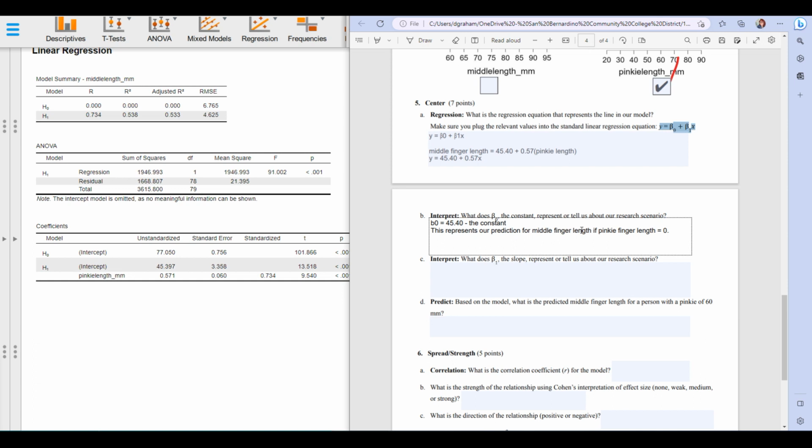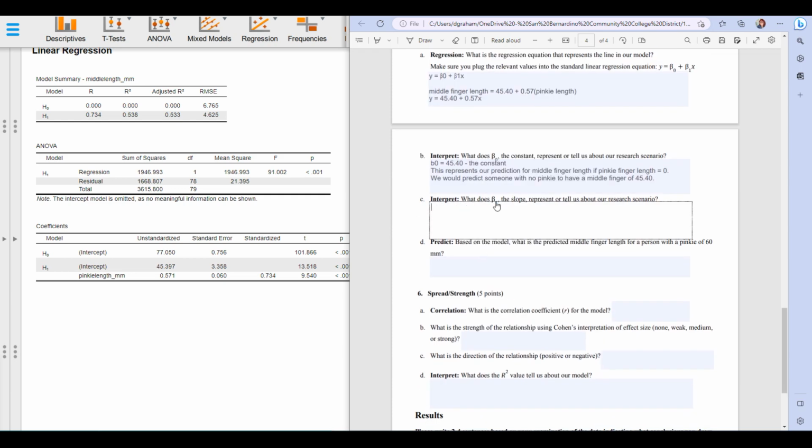In other words, we would predict someone with no pinky to have a middle finger of 45.4. Right? That's our constant. That represents the case where we have 0 effect of our independent variable. In that case, we have 0x, which cancels out that second part of the equation and leaves us with just y equals the constant.